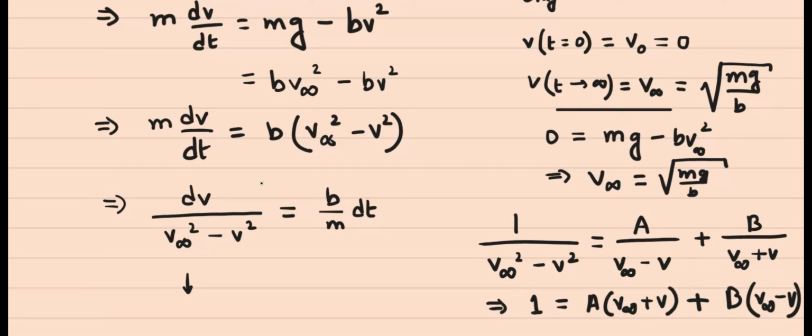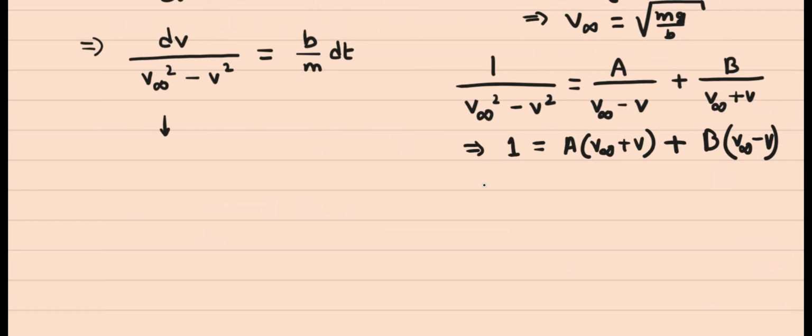Since the last statement we have arrived at should be treated as an identity for the variable v, that means it's true regardless of the value of v, what we should do is choose special values for v which will yield the values of a and b. And the first step for that is to say v equals v infinity. Choose that value, and what does this statement entail?